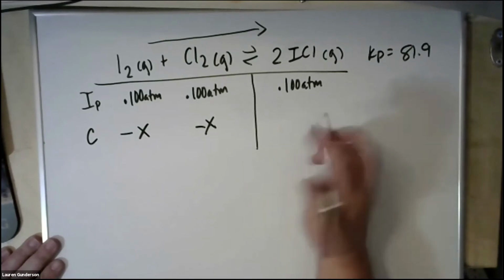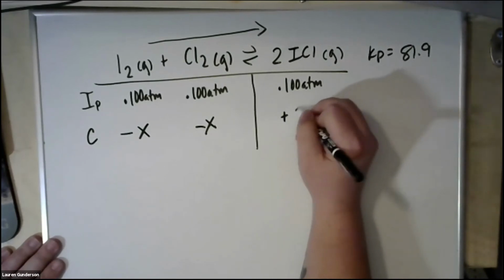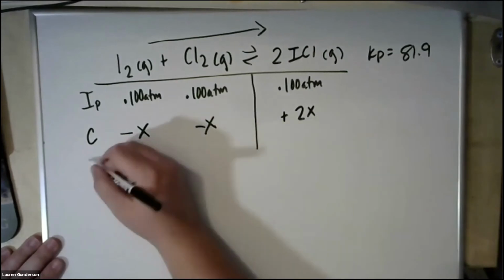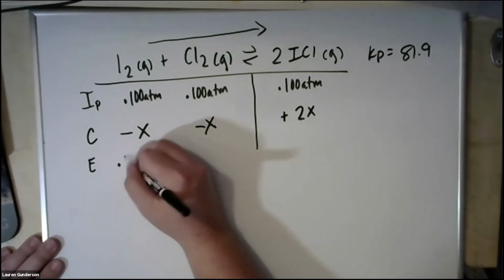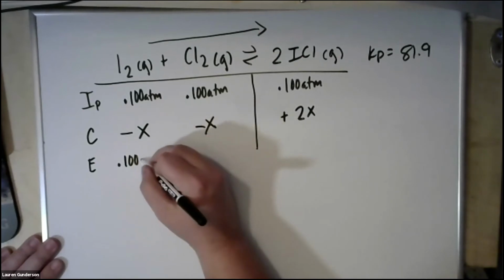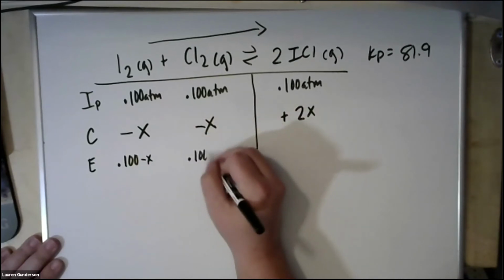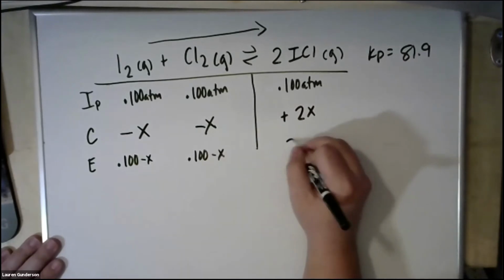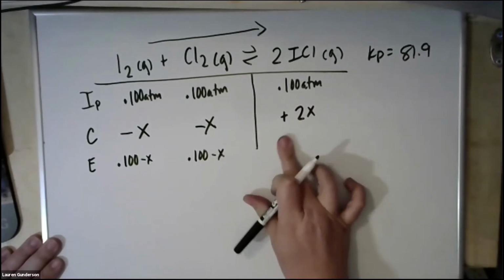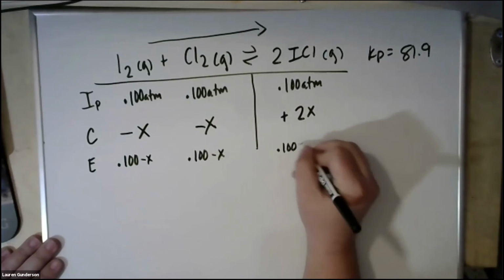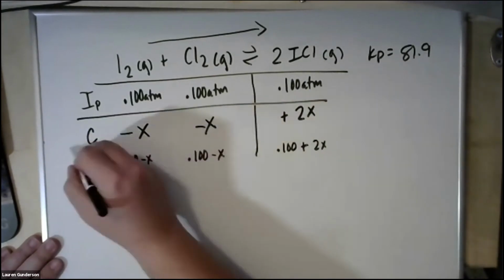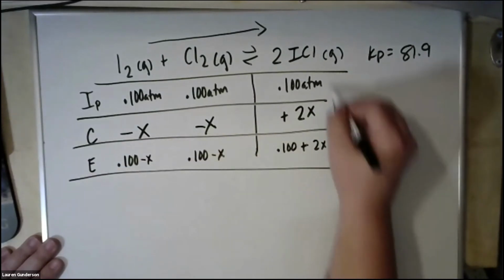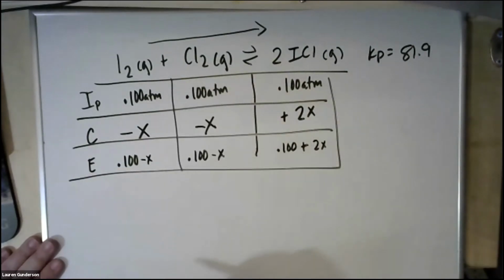We're creating more product. So that'll be a plus 2x. And our equilibrium value here will be 0.100 minus x, 0.100 minus x, and 0.100 plus 2x.